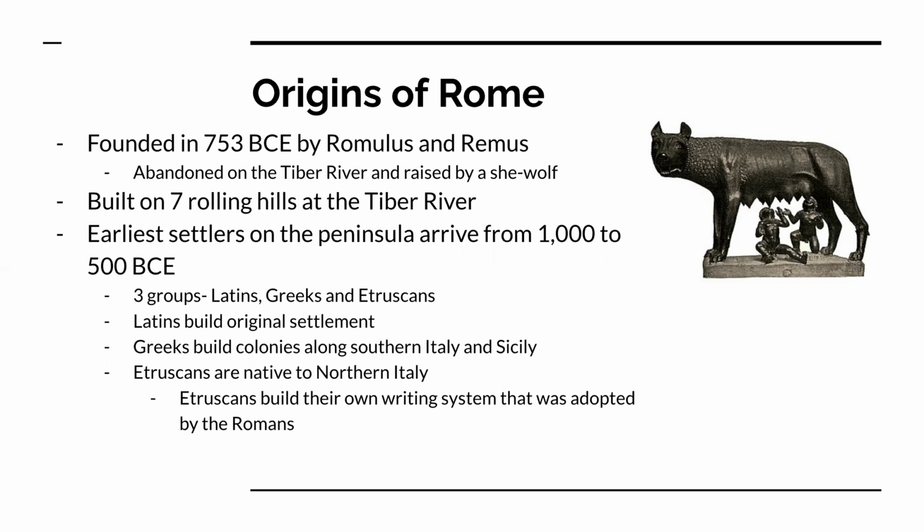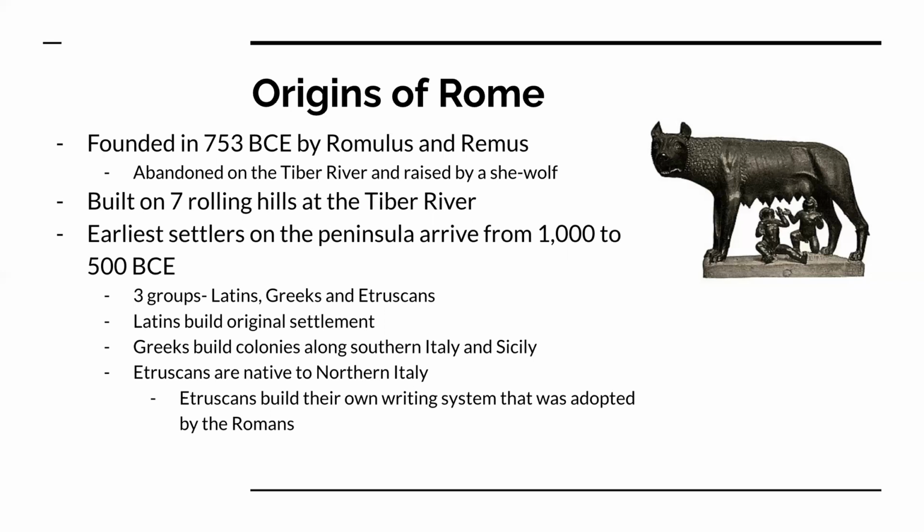So when we look at Rome's actual geography, it's built on 7 rolling hills at the curve on the Tiber River. And it's near the center of the Italian peninsula, somewhat midway between the Alps and Italy's southern tip. It's also near the midpoint of the Mediterranean Sea as well.